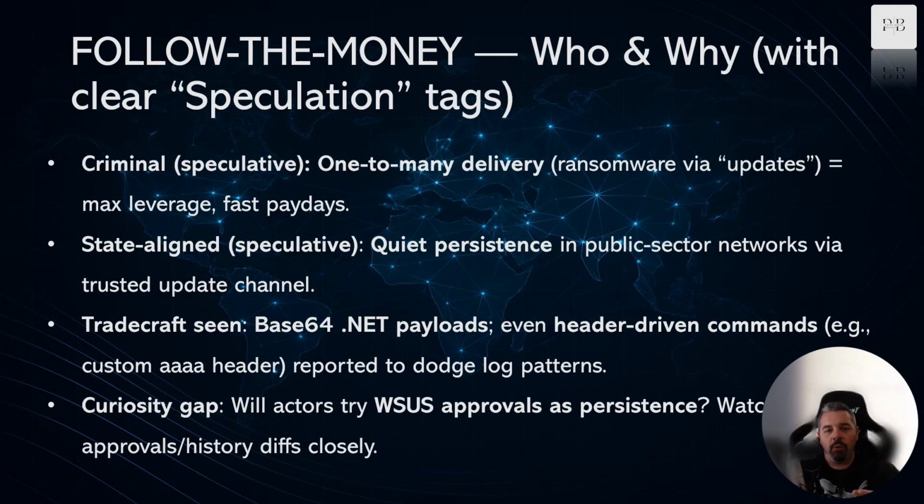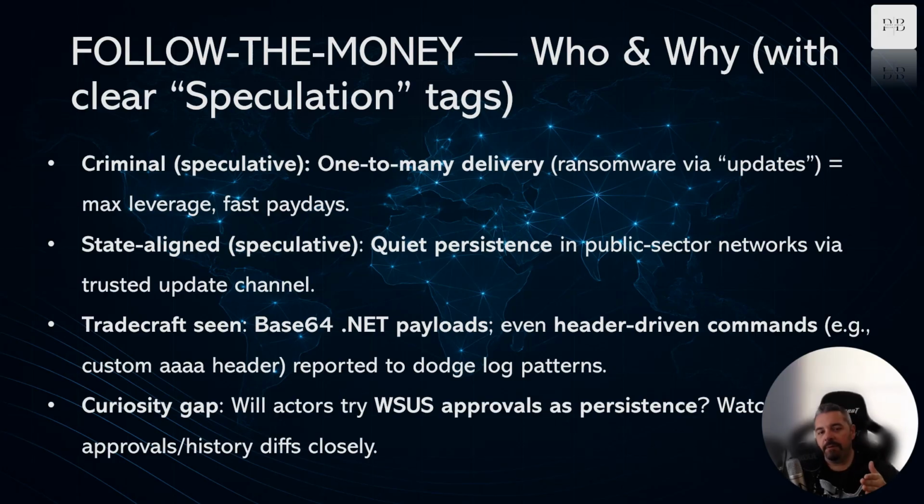Here's a tell you can watch for that maps to motives. Big, sudden changes in approvals with no matching change tickets suggest a criminal blast. Subtle, targeted approvals against admin workstations or servers suggest an espionage, stay-quiet approach.